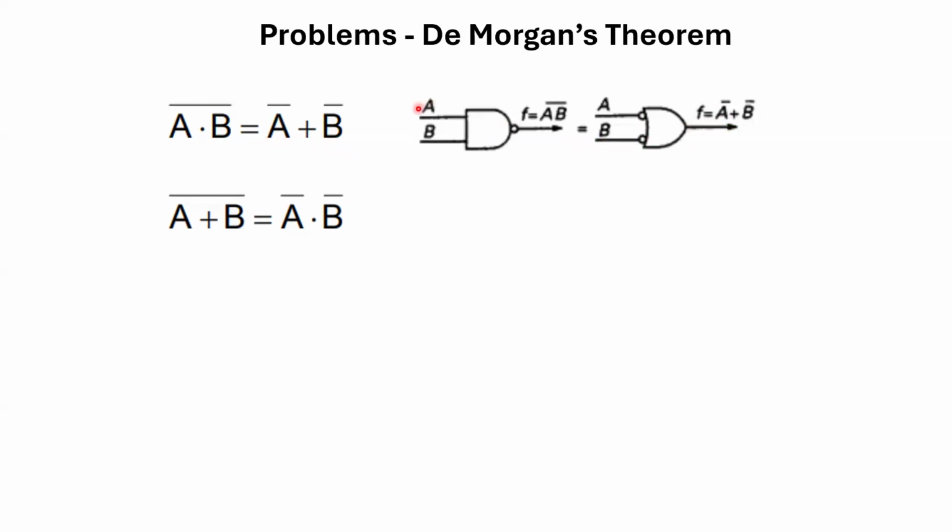And if you apply 0, 1, 1, 0, 1, 1, or 0, 0, you're going to get the same results on the truth table here. And of course, if you want to break the negation bar on the OR gate, you can break that bar, but you have to substitute that OR with an AND, and over here you substitute AND with the OR.